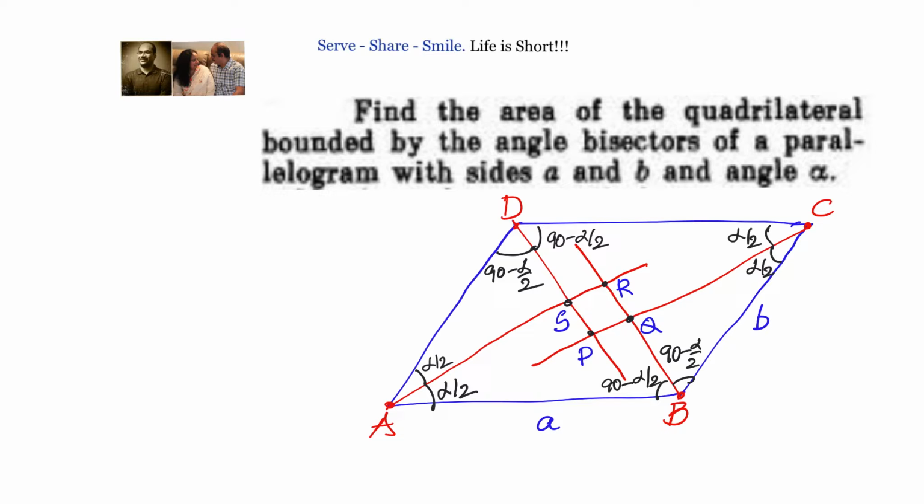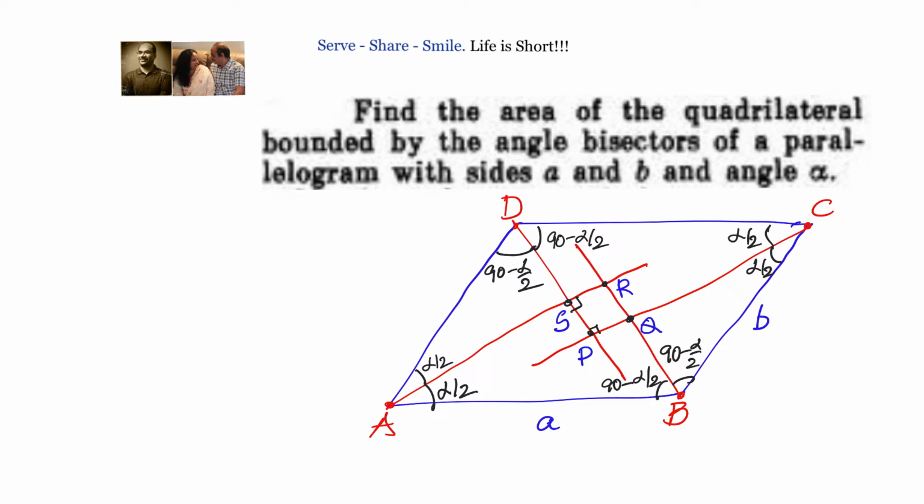Now, when we apply the angle sum property on the triangles ASD, BQC, ARB and DPC, we can see very clearly that each of these angles is equal to 90 degrees. So what we have now is a rectangle. So PQRS is a rectangle. Let's put those 90 degrees there.